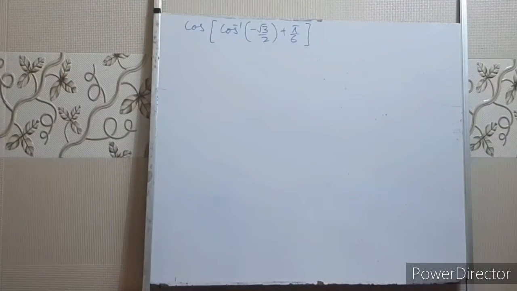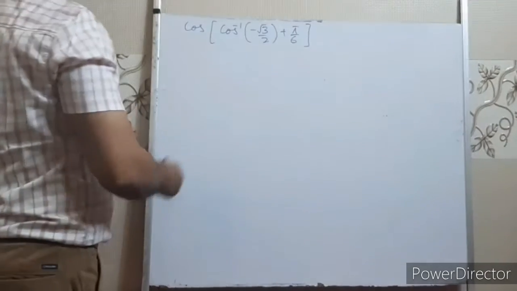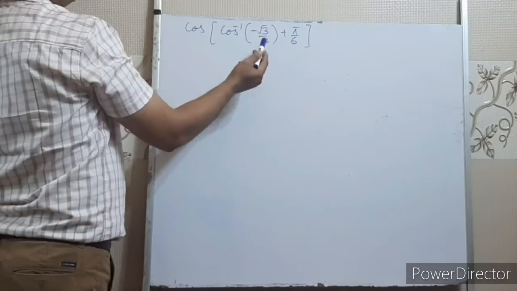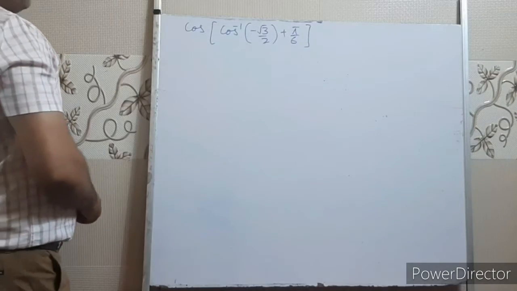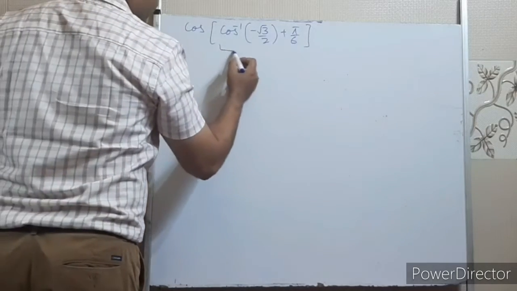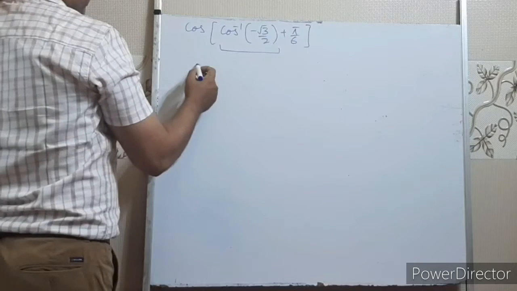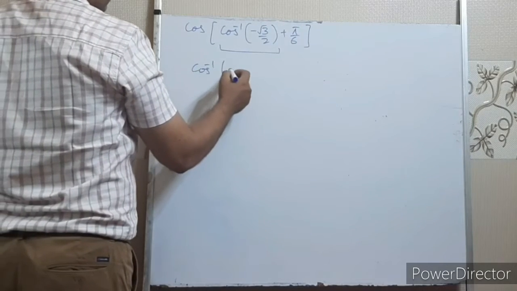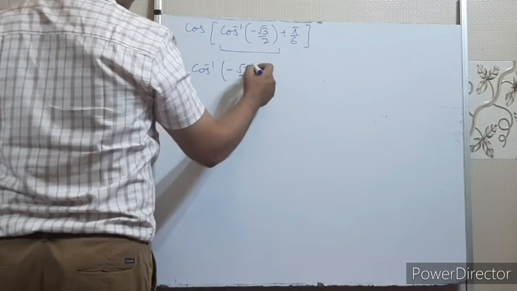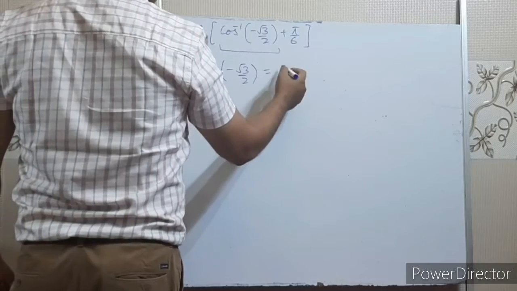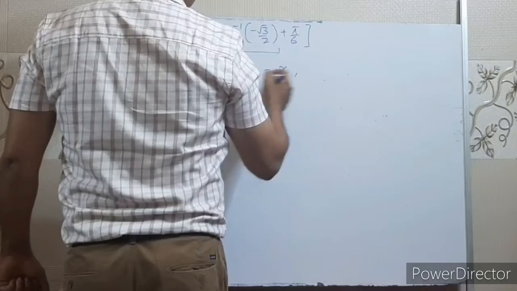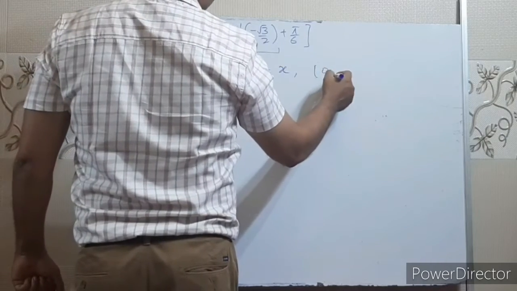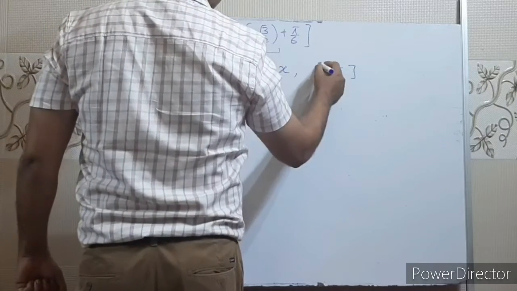Okay, this is another sum from your textbook in which we have to find the value of cos inverse of minus root 3 by 2 plus pi by 6. So we'll find the value of this term first. We'll assume that cos inverse of minus root 3 by 2 is equal to, say, x, and the value of cos inverse x will always lie in the interval 0 to pi, right?